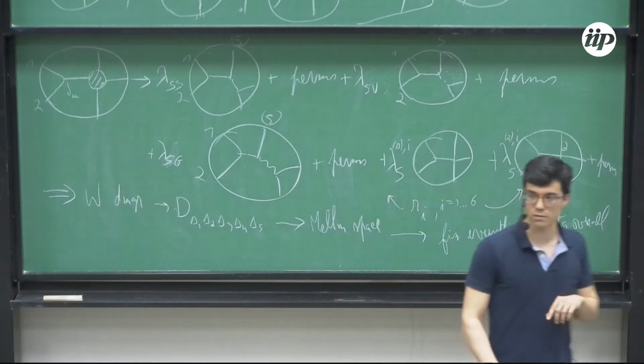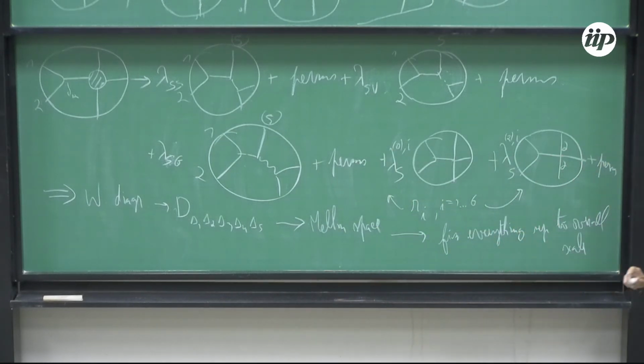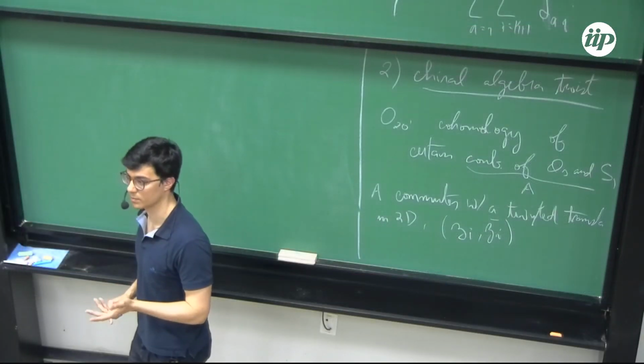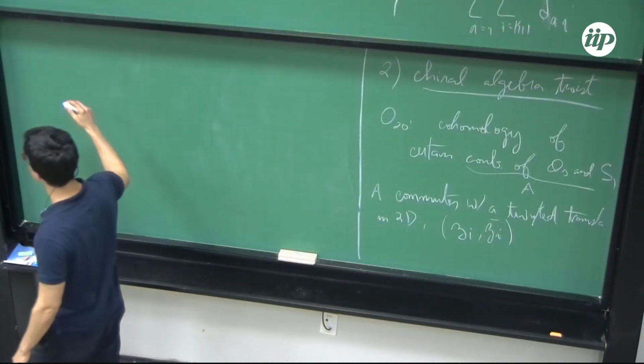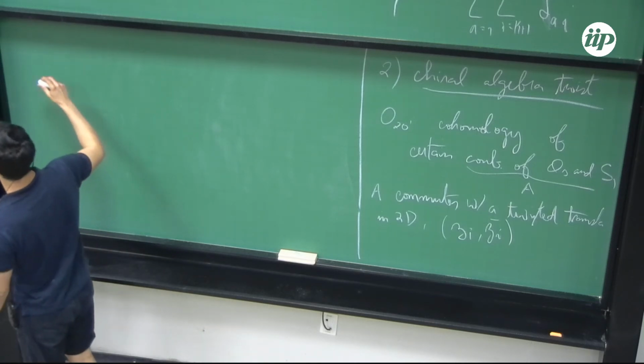If you were very careful with the normalizations there, you could fix the overall coefficient too. It's correct. Absolutely correct. Yeah, we're going to use the chiral algebra also later. Yeah, well, that's also why we are not being careful. But yeah, we're going to get there. There's a lot of reasons why we didn't have to be very careful with normalizations.